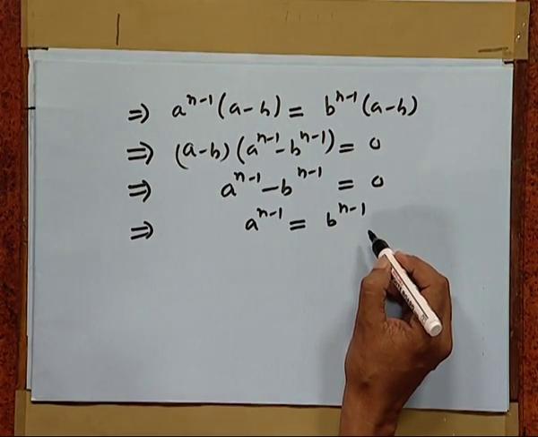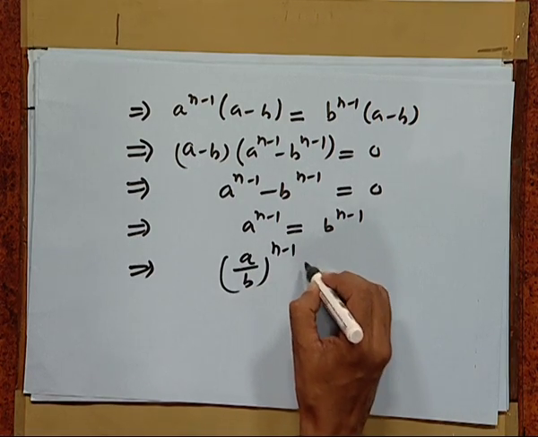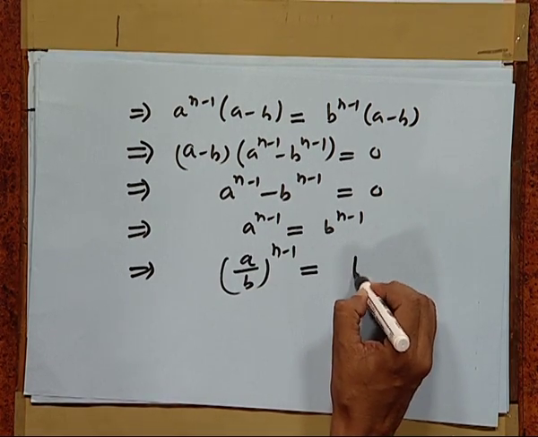Now since we have assumed that A is not equal to B, neither of them can be 0, because if B is 0, A is 0 and vice versa. So neither B is 0 nor A is 0. So we can write this as (A upon B) raised to power n minus 1 is equal to 1.